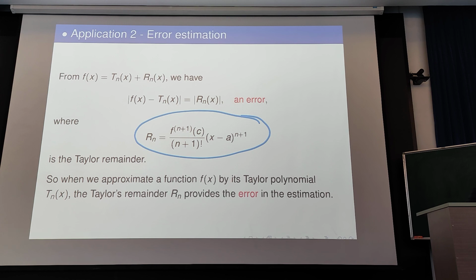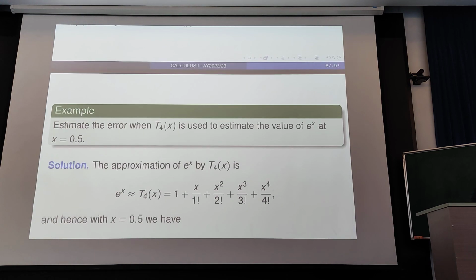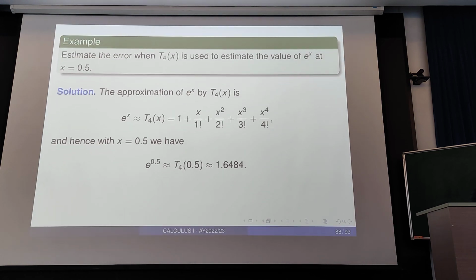You can see the Taylor remainder provides the error in the estimation. Okay, that leads to this type of problem.